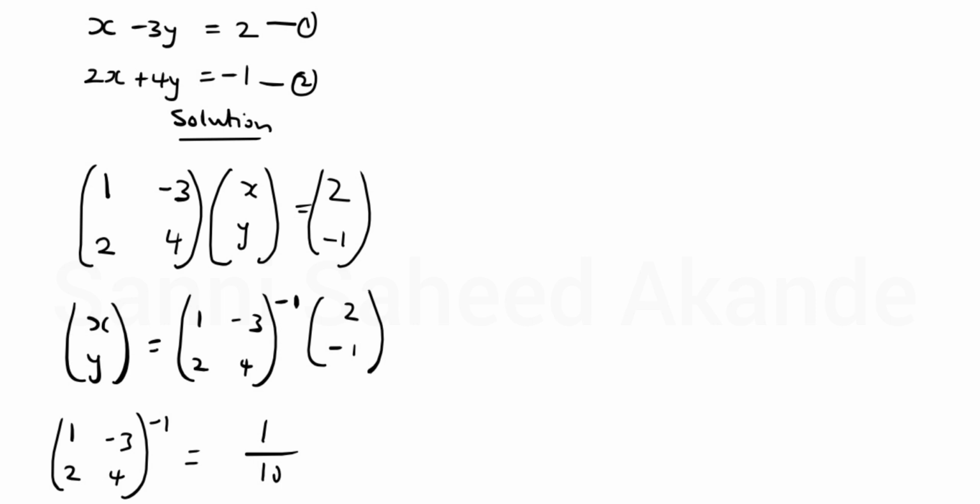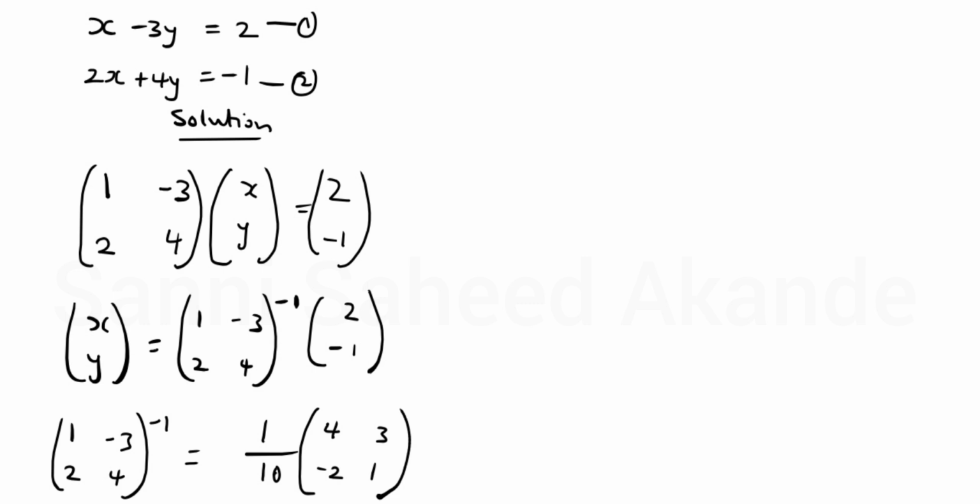Multiply by 1 over that determinant. I will interchange these two, and then these ones, I will change their signs. This -3 will change to plus 3. Then 2 will change to minus 2. So writing that, I have 4, 3, -2, and 1. So that's the inverse of that matrix.